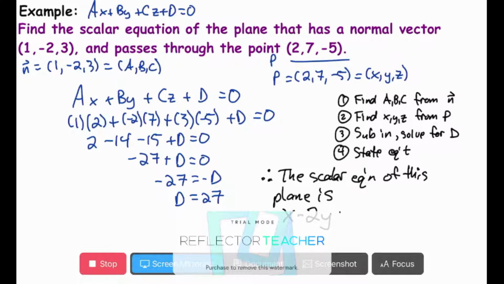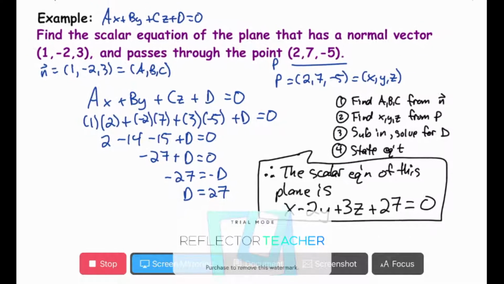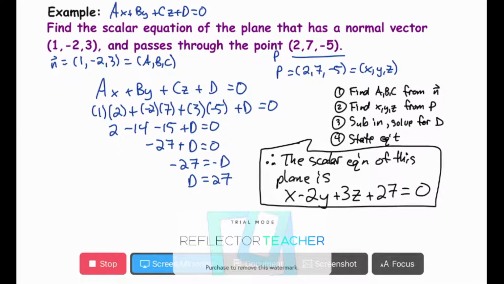C has a value of 3, so plus 3z, and my d value is 27, plus 27 equals 0. All right, looking good, and let's just zoom out so we can see the whole thing and not have the watermark in the way. Looking pretty good. Let's move on and see what's next.